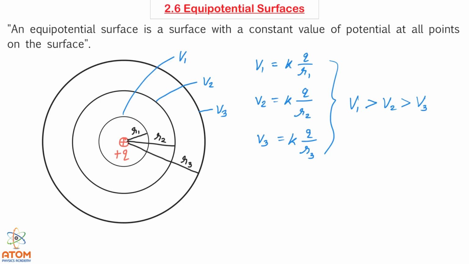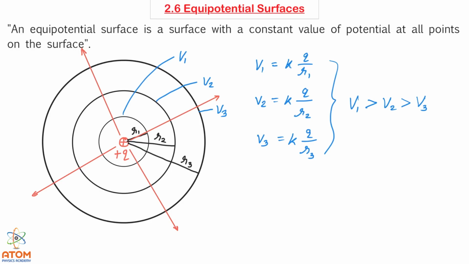Here we can learn one more thing. I am drawing the electric field lines produced from this charge. Obviously, the electric field produced from this charge will be radially outward. So, I am drawing that electric field here. These are only a few electric field lines I am showing right now.